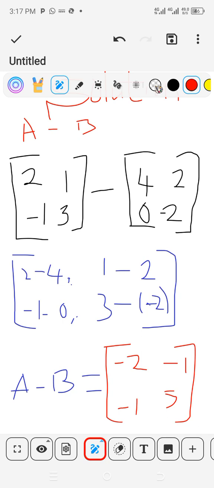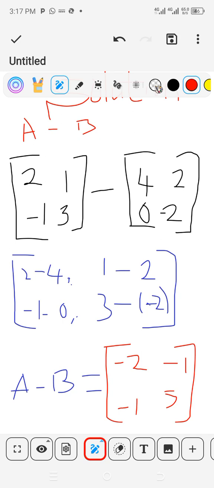Then we take the next row, minus 1 minus 0. We also have 3 minus, but because 2 also has a negative sign, we'll put it in brackets.